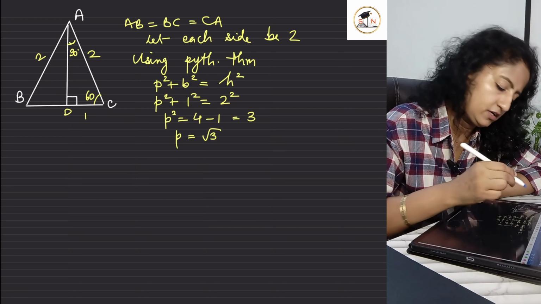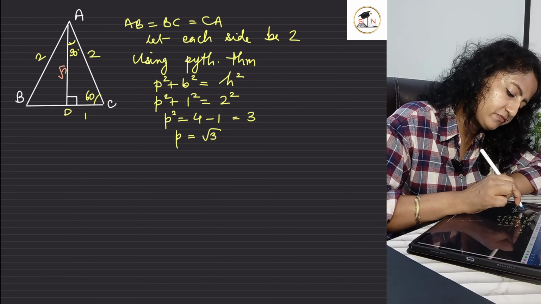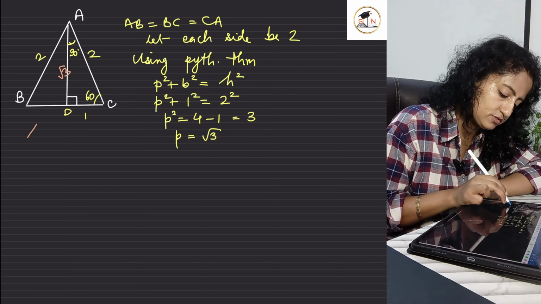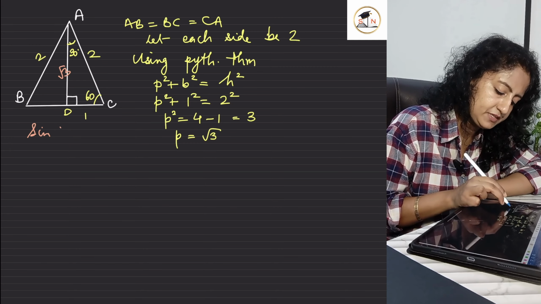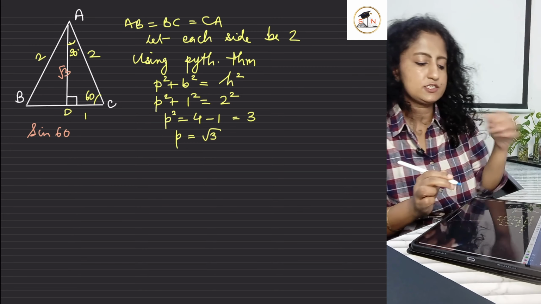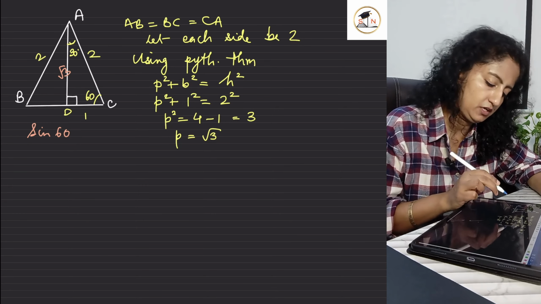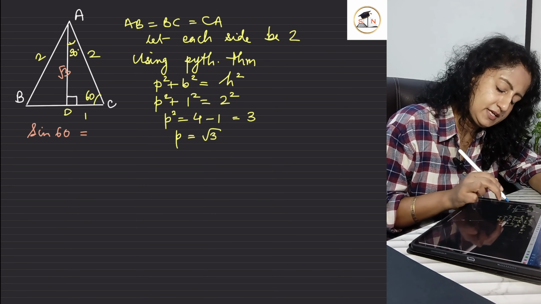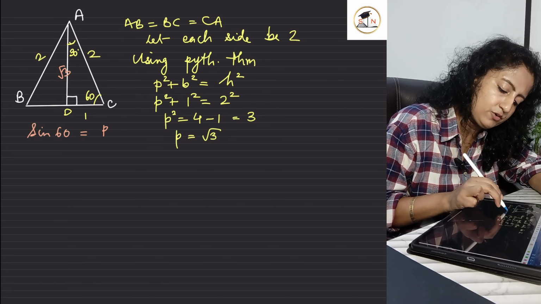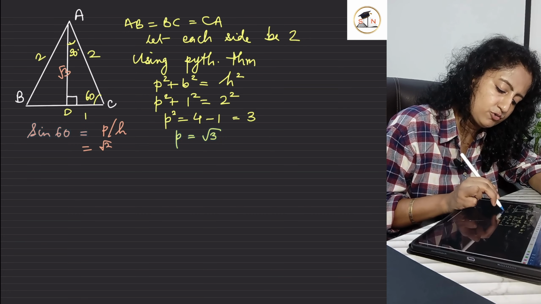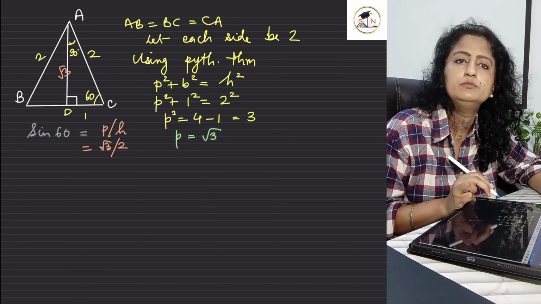Now I'm marking in the figure that the perpendicular is root 3. Okay, coming back to the ratios. The first one being sine 60. As of now, I will focus on only 60 degrees over here. Okay, so what is sine 60? Sine 60 is perpendicular over hypotenuse. Perpendicular means we have root 3 over 2.